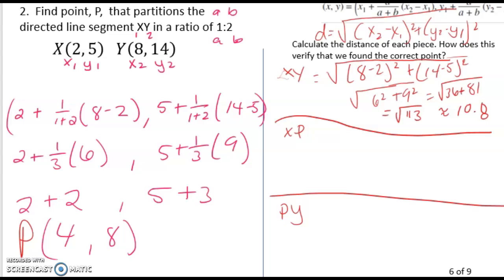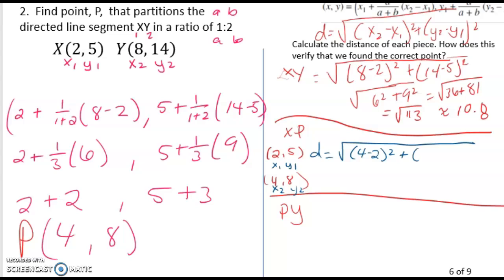So for x, p this time, I'm going to choose different points to be x1, y1, and x2, y2. My x value is 2, 5, and my p is 4, 8. Calculating the distance, the distance equals the square root of (x2 minus x1) squared, so 4 minus 2 squared, plus 8 minus 5 squared.